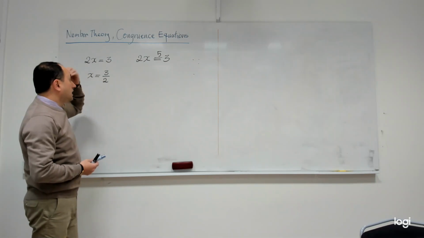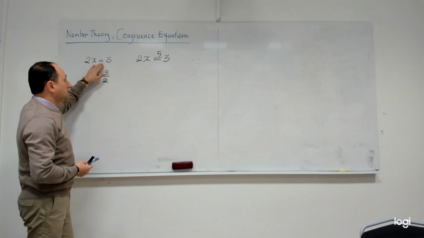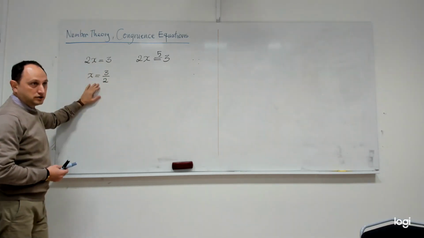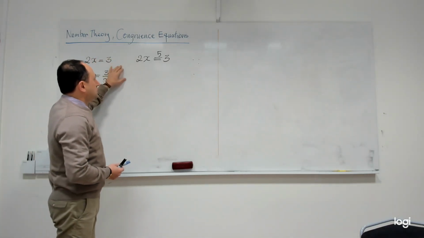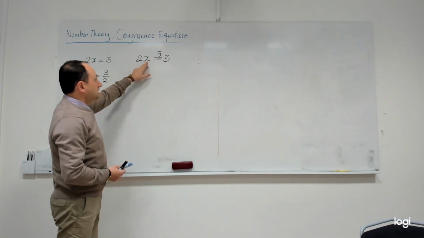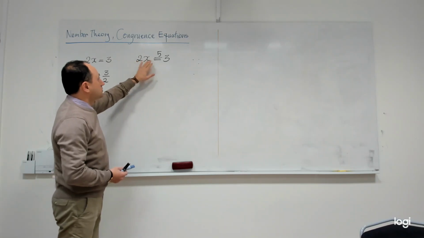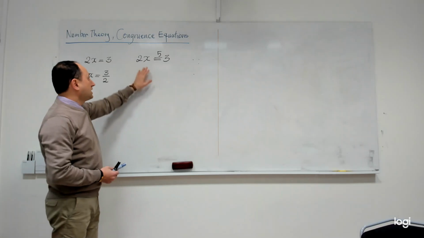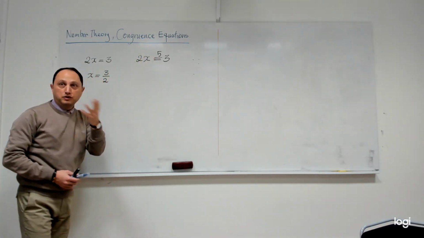Here I have an equality sign, which is a strict relation between numbers, and this is the only solution, which of course is not an integer. But now I can ask a similar question: what is the integer value for x, if there is any, so that the left-hand side becomes congruent to 3 modulo 5? Yes, so that is called a congruence equation. So we want to be able to solve that.